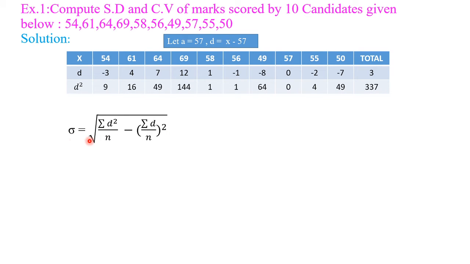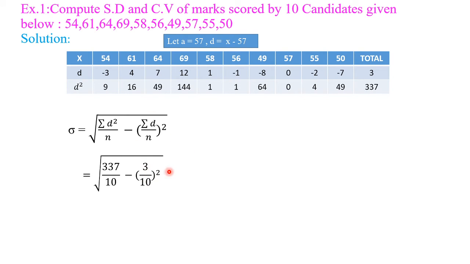The formula is under root summation of D square divided by n minus summation of D divided by n, bracket square. Put the values: summation of D square 337 divided by n, where n is the number of observations, and the number of observations is 10: 1, 2, 3, 4, 5, 6, 7, 8, 9, 10. Summation of D is equal to 3 and n is equal to 10.